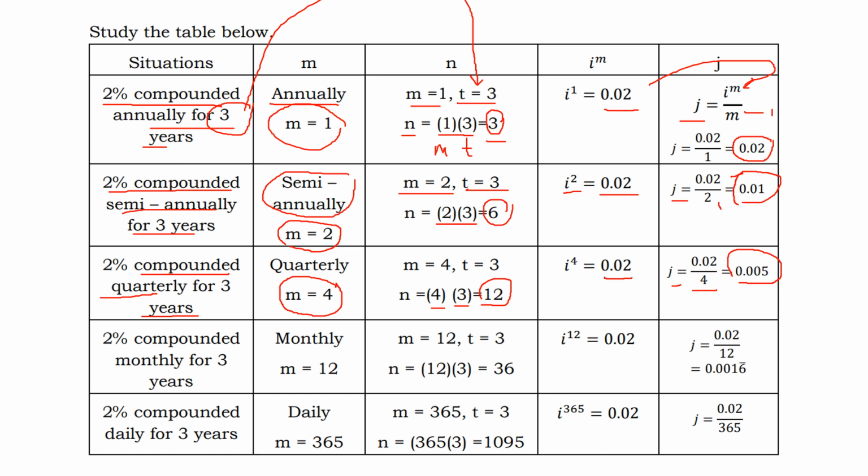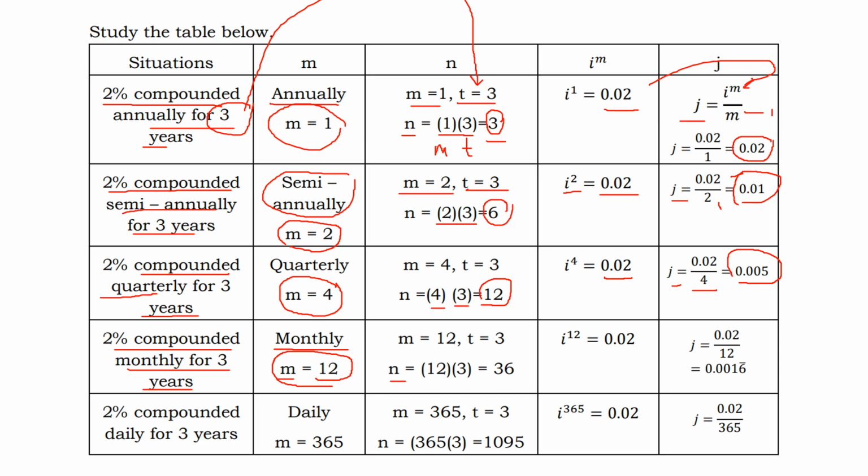Next, 2% compounded monthly for 3 years. Monthly means there are 12 months in a year. That's why m represents the conversion period; if it is monthly, there are 12 months, so your m now is equal to 12. And n is the number of conversion periods.